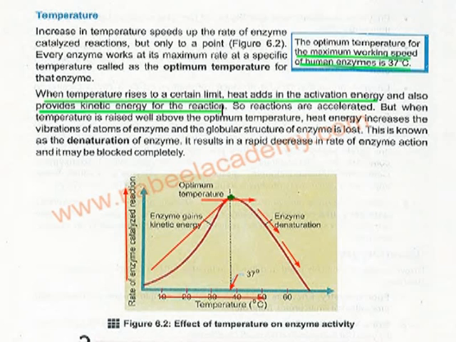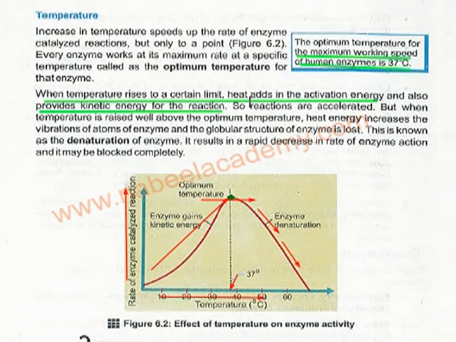Because of the kinetic energy, the heat is increased. For example, if the activation energy is 5, the heat is supplying 3 points of it, so only 2 points are left which we can easily compensate.